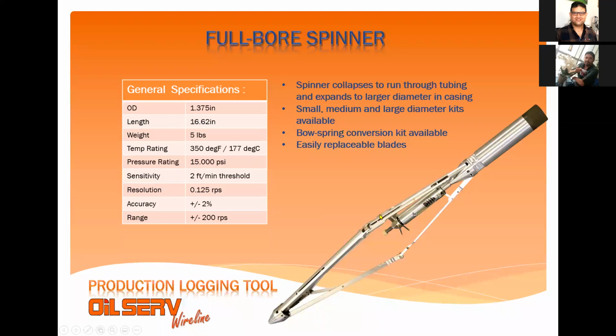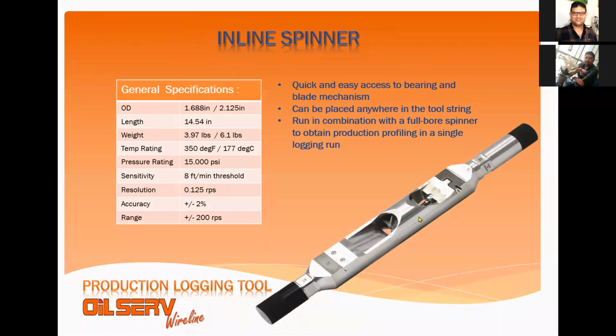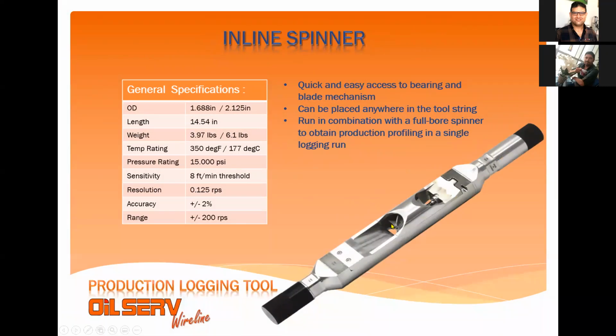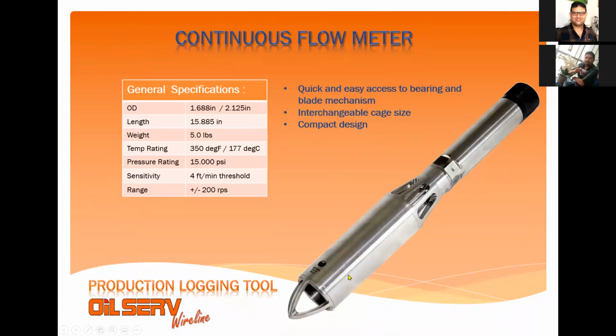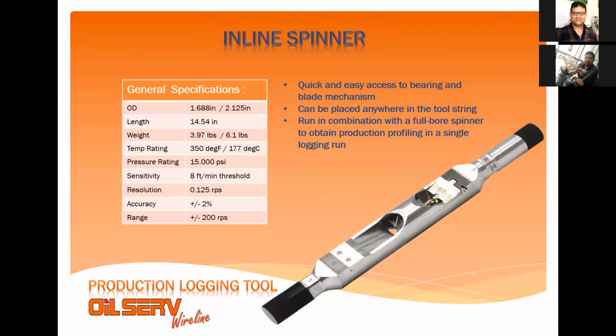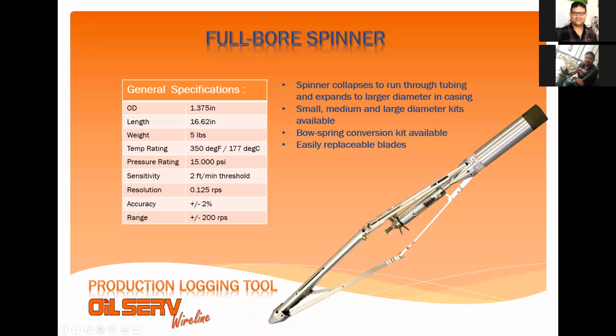This type is called the full bore spinner because there is another type. It's called the Al-Hilali spinner, and there is another type called the continuous spinner. The full bore spinner is the most sensitive tool and most recommended whenever the wellbore condition allows it.